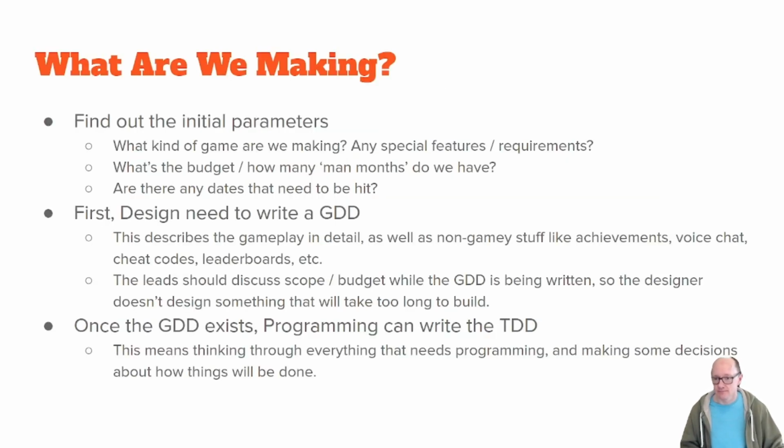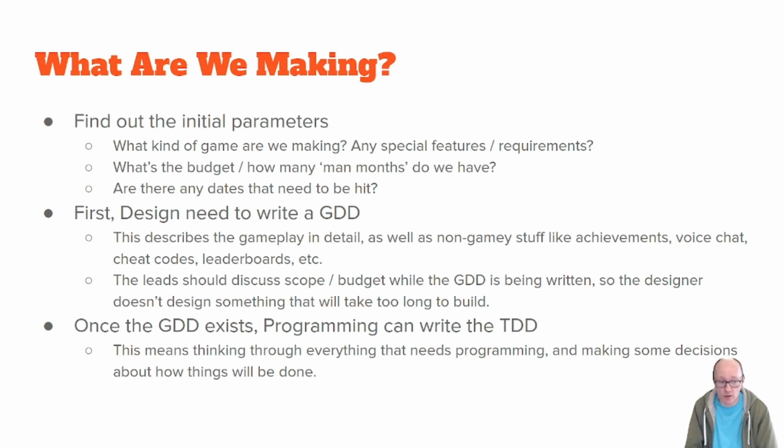All right, so first thing you've got to do is define what are you making. So find out the initial parameters. What kind of game are we making? Are there any special features or requirements? So it could be we're building a 2D platformer similar to Mario Brothers.